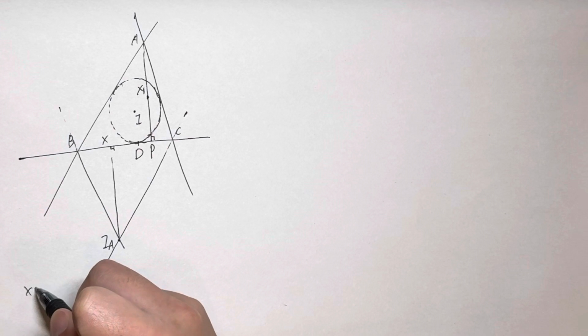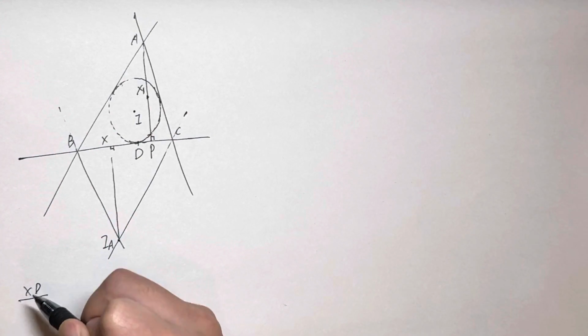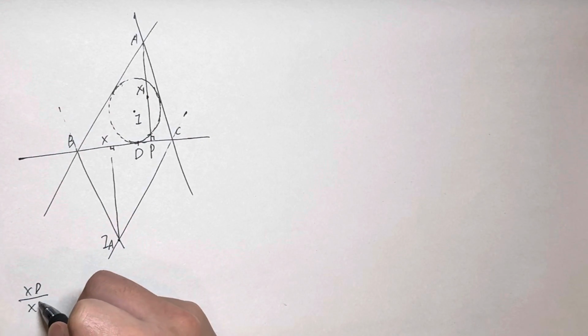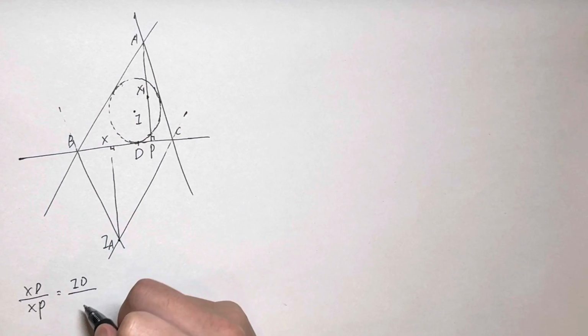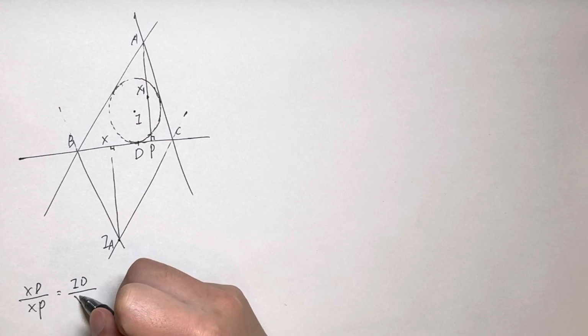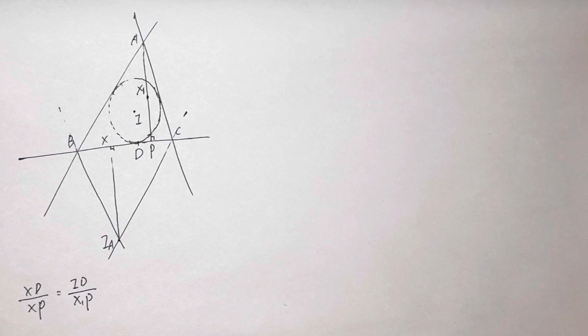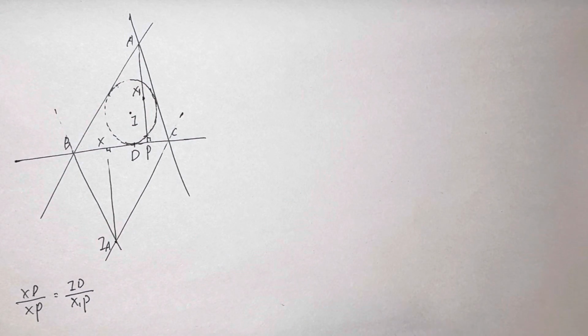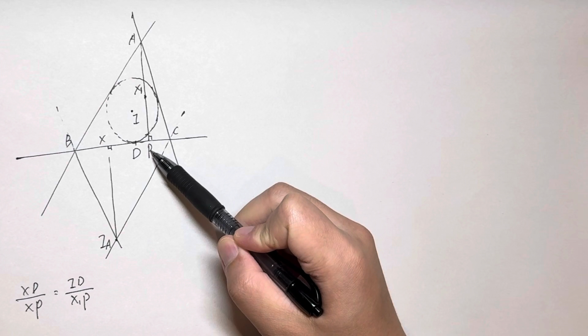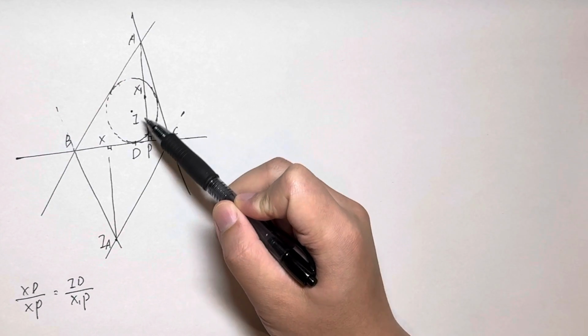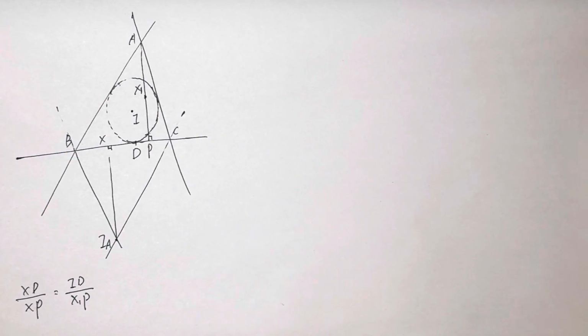That's XD to XP equals ID to X1P. This must be valid. XD to XP equals ID to X1P.